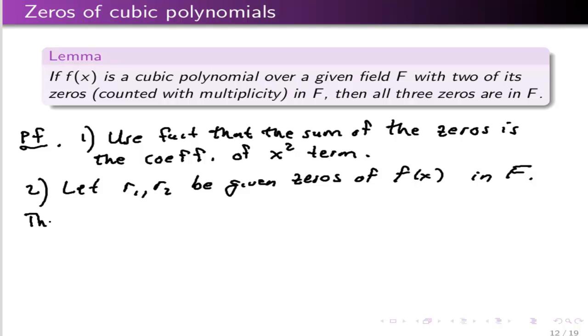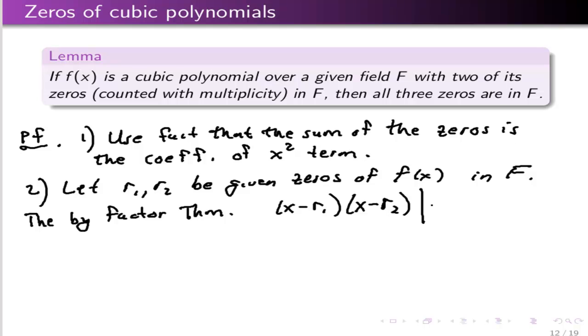So then by the factor theorem, x minus R1 times x minus R2 must be a divisor of f of x.